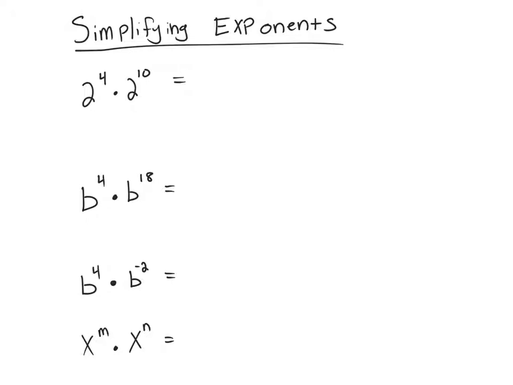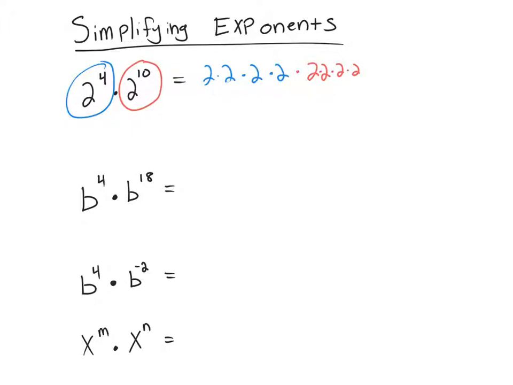So when I'm multiplying out 2 to the 4th times 2 to the 10th, really what we have here, I'll do this in blue, we have 2 to the 4th, we've got 2 times 2 times 2 times 2. And then in the 2 to the 10th part, we're multiplying all of that by 2 multiplied 10 times.